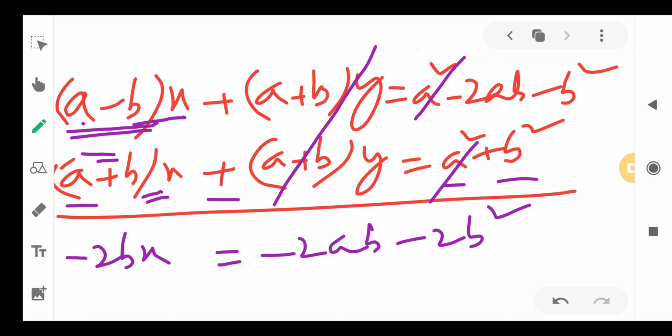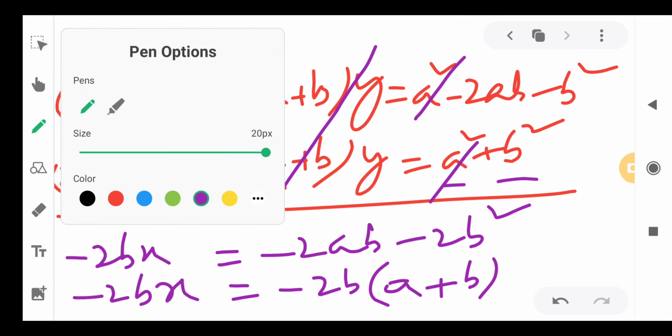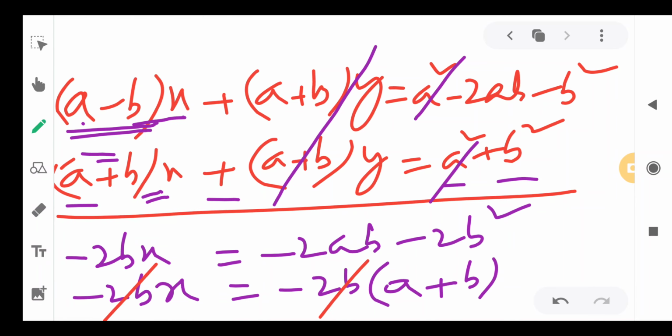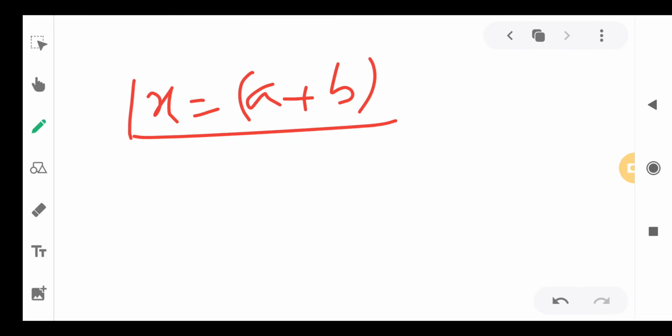Now I can take minus 2b common, and a plus b will remain. On the left side it is minus 2bx. Now we can cancel minus 2b, so the x value is equal to a plus b. This is the value of x.